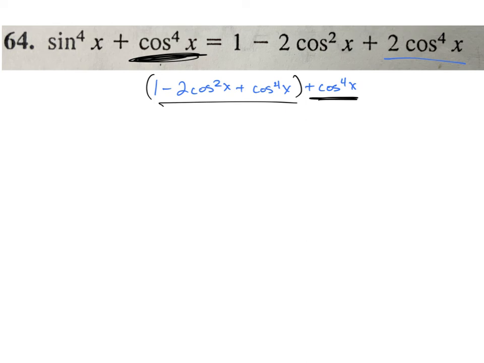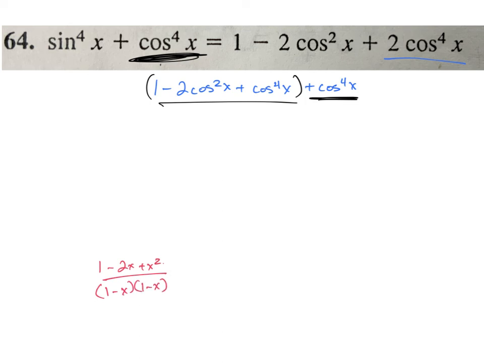I could factor that. You can think of this as 1 minus 2x plus x squared, but instead of x, it's cosine squared. What does that factor to? It's actually 1 minus x and then 1 minus x.